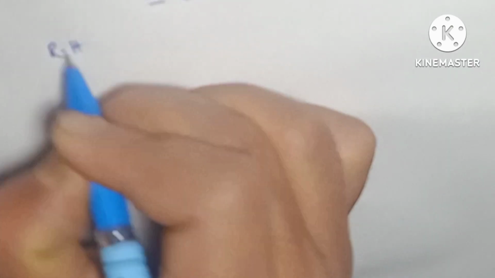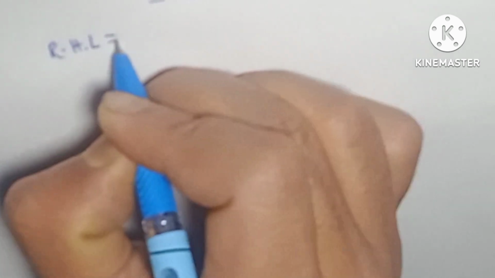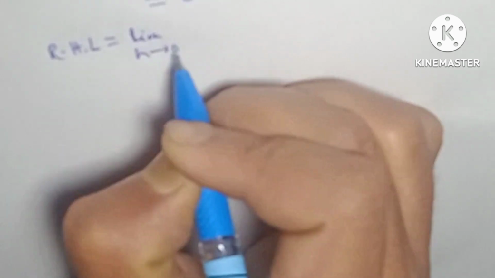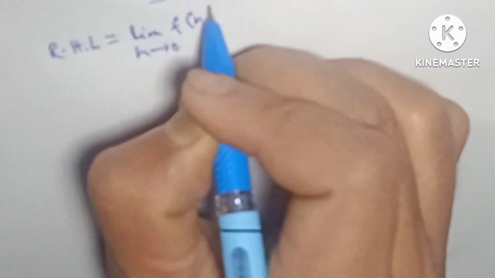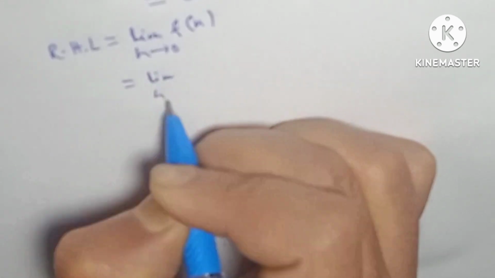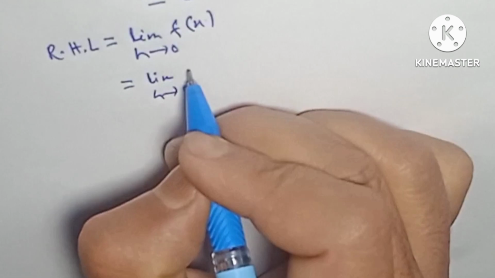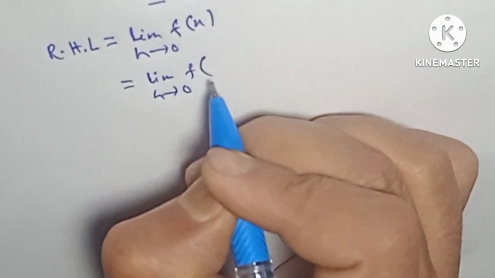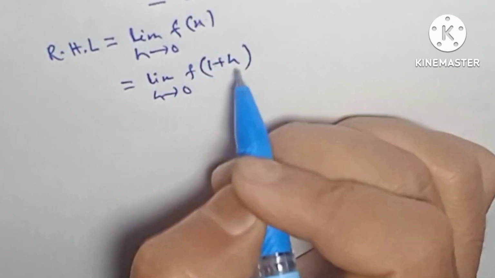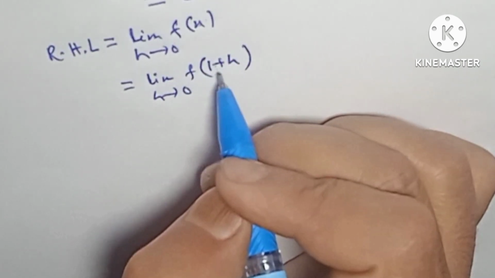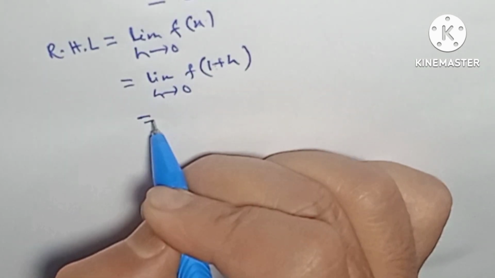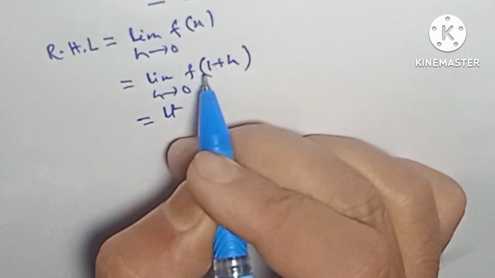Right hand limit is equal to limit h tends to 0 f of 1 plus h. Here x is equal to 1 plus h, from the right hand side.